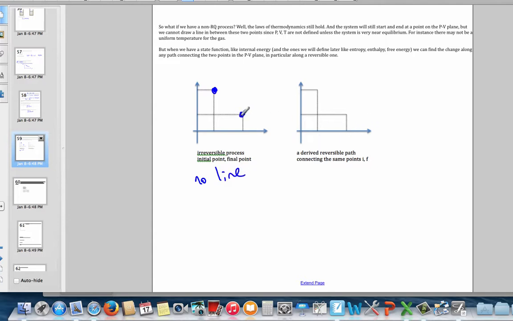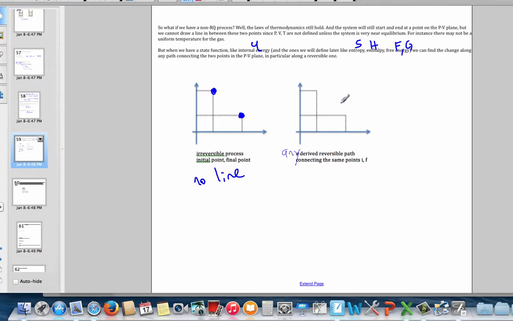But it turns out that for any function which is a state function, like internal energy, and then others that we'll define later on, like entropy, enthalpy, and then free energies, for all of those functions, they only depend on where you start and where you end up.